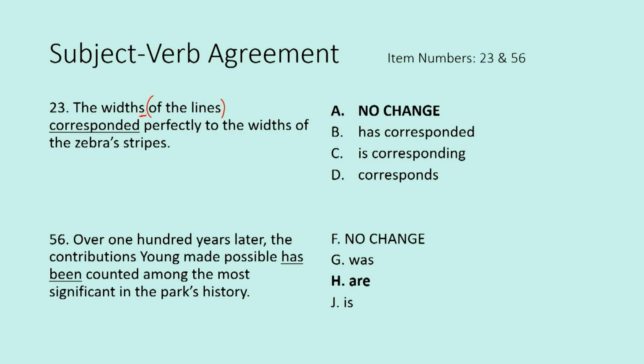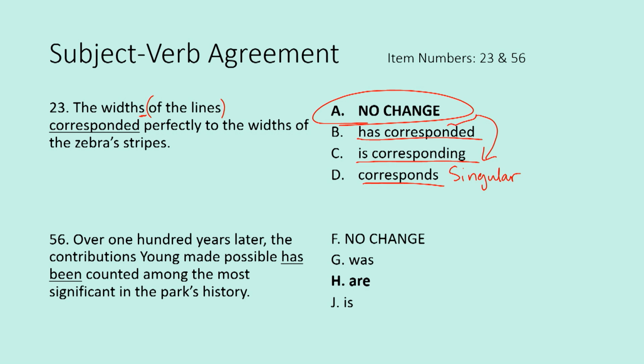Corresponded works with a plural noun, so you have no change. The words has corresponded, has is singular, is singular, and corresponds, those are all singular verbs. So you know that no change is the correct answer there.